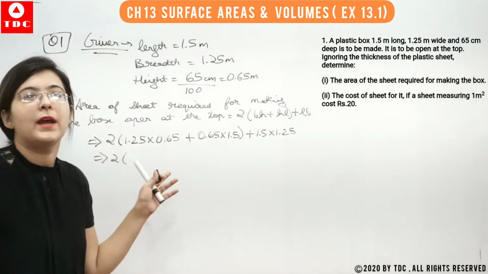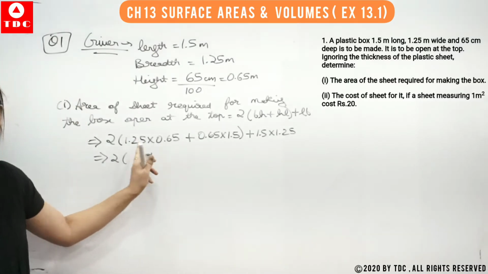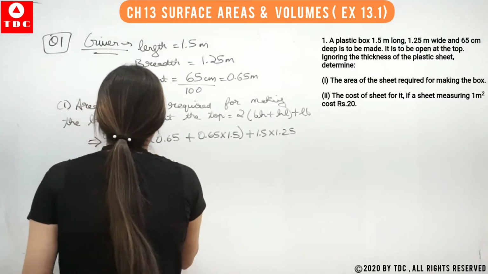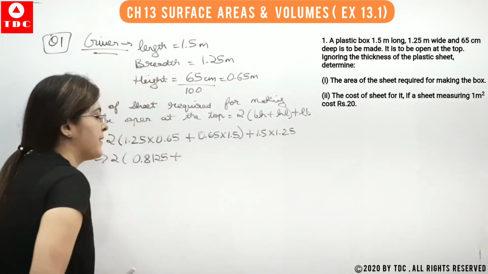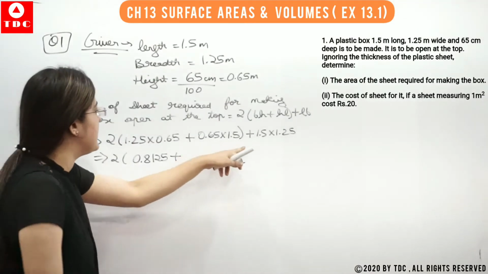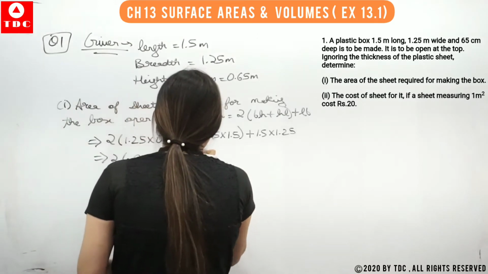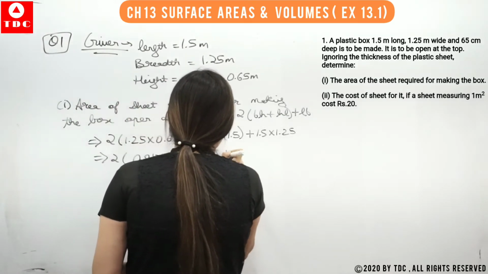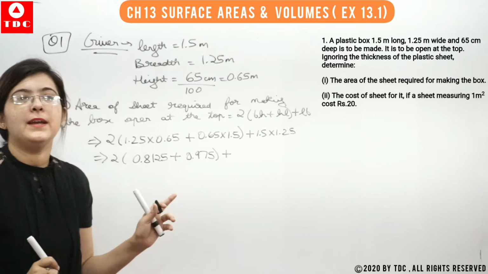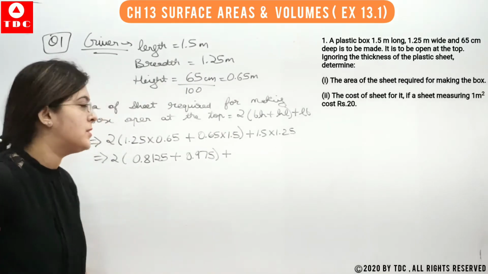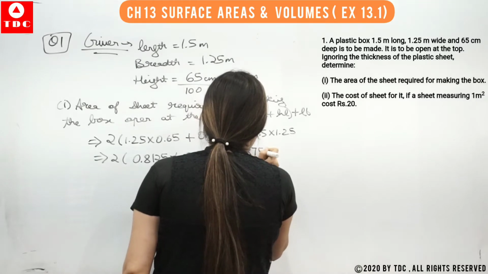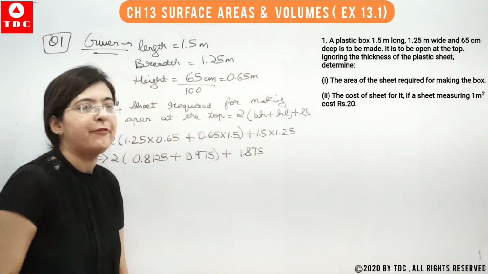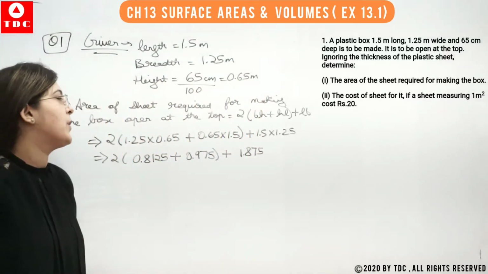See what will you get? Multiply these both. You will get 0.8125. Then multiply these both, 0.975. Then multiply these both, you will get 1.875. Now what to do, students?